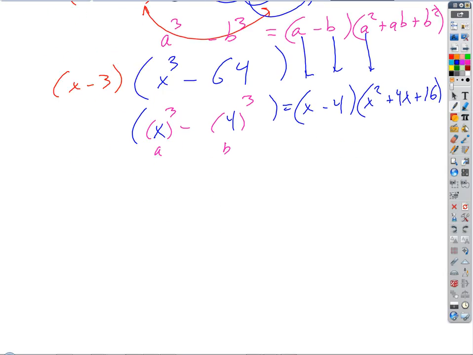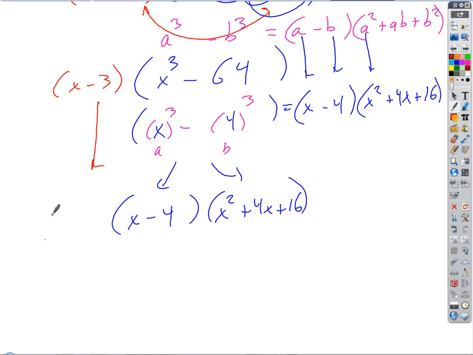So x cubed minus 64 is the same as x cubed minus 4 cubed, and it broke up into x minus 4 times x squared plus 4x plus 16, and don't forget out front the x minus 3.